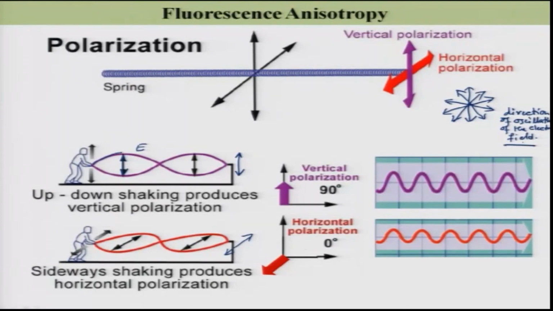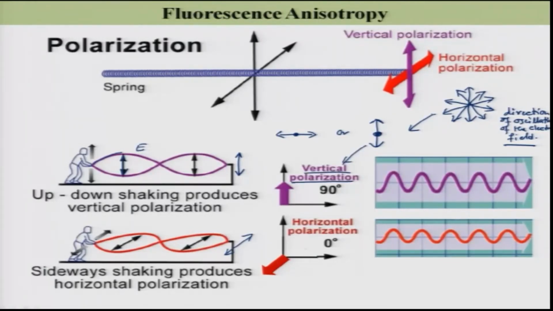But if you can do something so that the electric field oscillates only in this direction, or only in this direction, and the direction of propagation of your light is out of this plane, then you will get a different type of light, and that is called polarized light. In the first case, you get vertically polarized light.